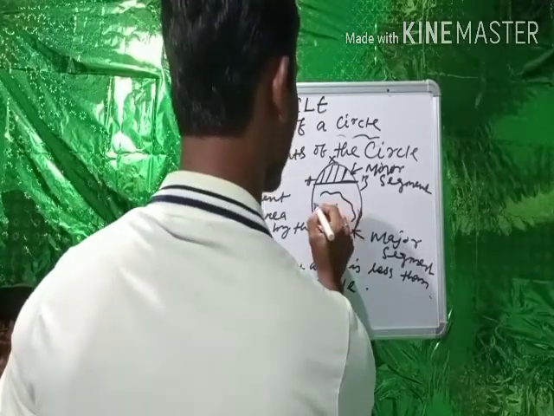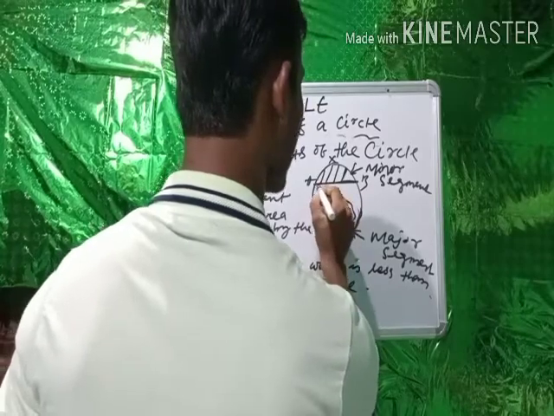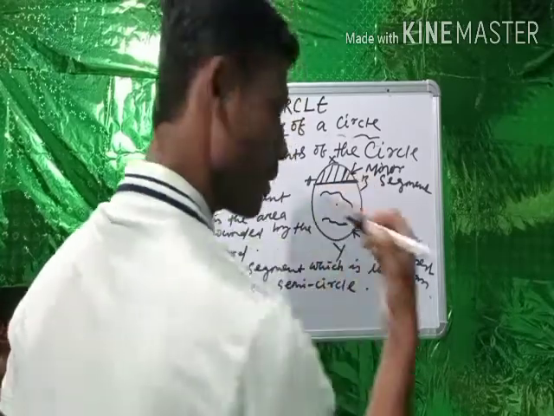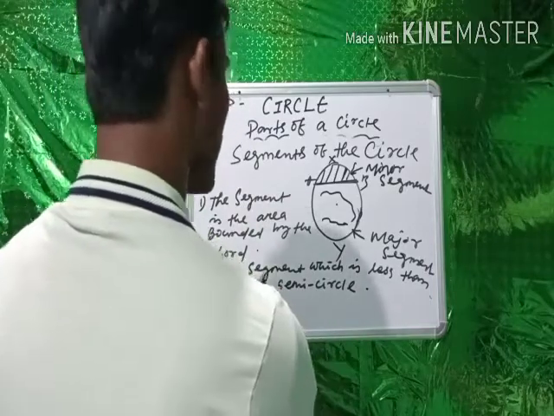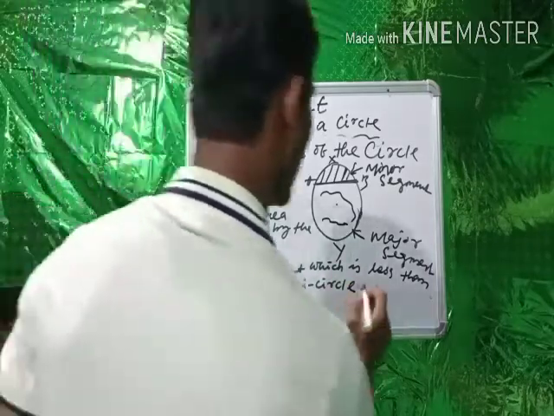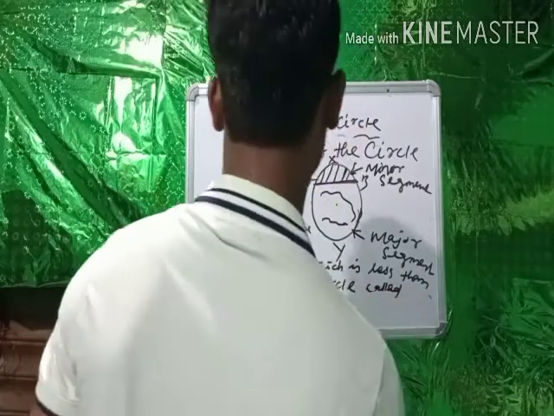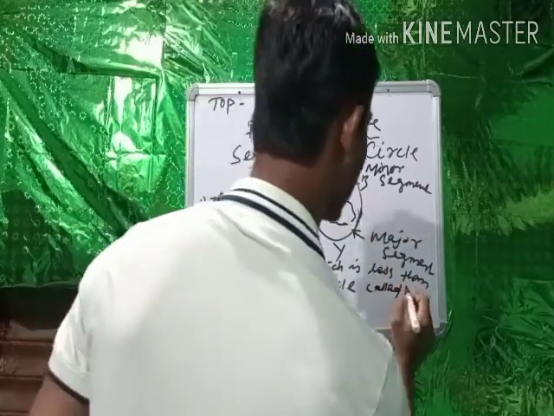Just look, semicircle means half of the circle, but it is minor, so it is less than the semicircle. The segment which is less than the semicircle is called the minor segment.